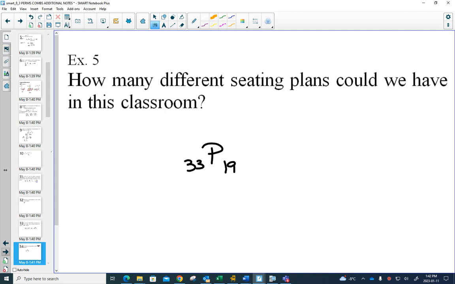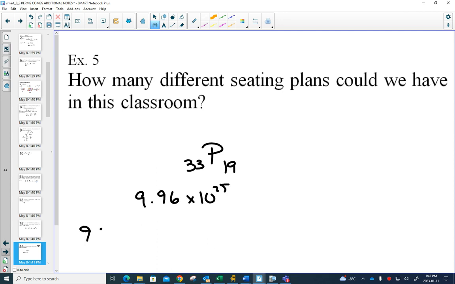33 choices for the first person, choosing anywhere to sit. How big is this number? I think this is going to be crazy. Go to our calculator. 33. I get 9.96 times 10 to the 25.